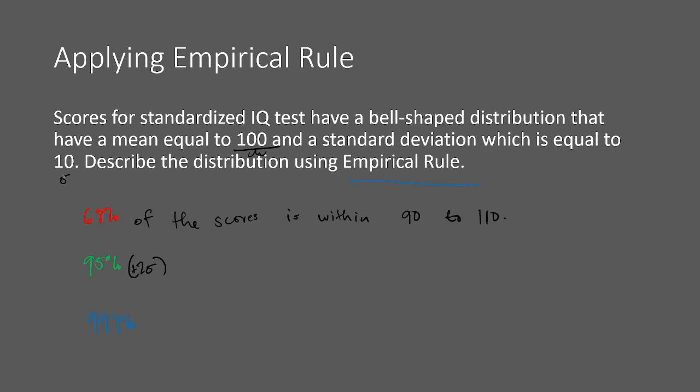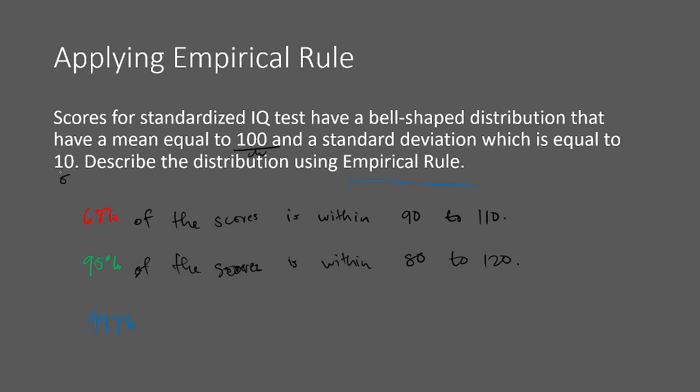So we will have 100 minus 20 and 100 plus 20. Meaning to say, 95% of the scores is within 80 to 120.